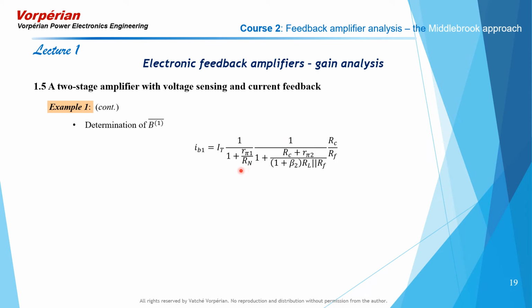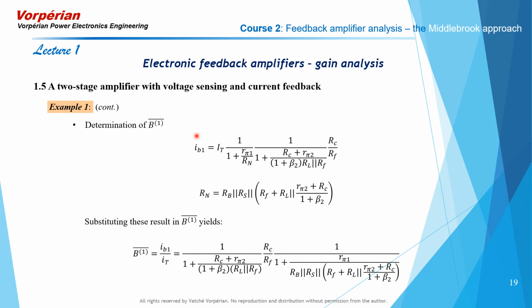So in our final substitution, we substitute the value of Rn that we had determined for the Norton resistance in this expression, and we get the ratio of IB1 to IT, or the inverse gain with respect to beta, with the input shorted. That's our inverse gain, beta 1.